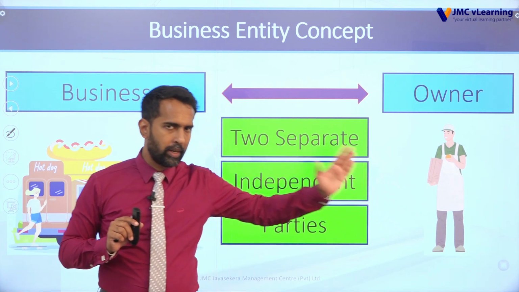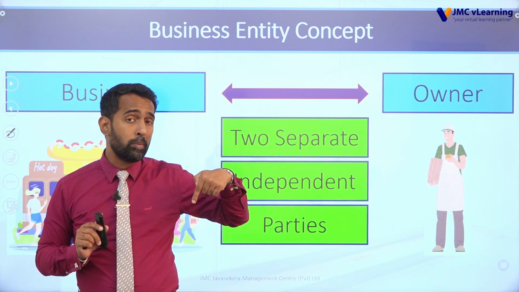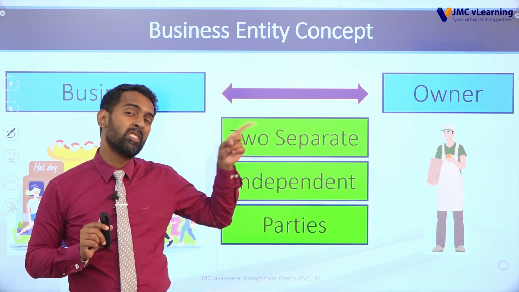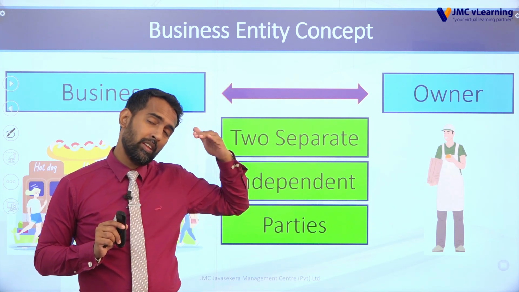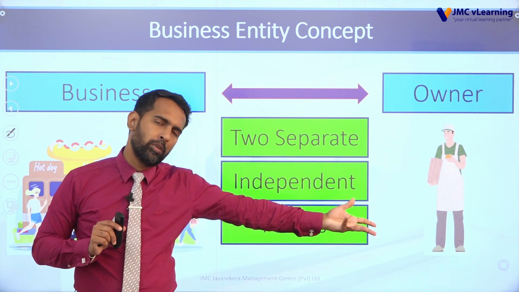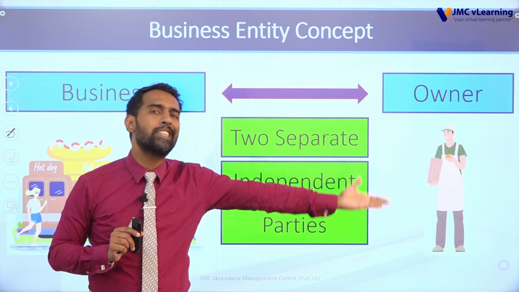Owner separate, business separate. The owner has put money into the business. I have a commitment, an obligation to settle it back. May not be immediately, even at the end of the business, I have to settle it back to the owner. So I have an obligation towards the owner.